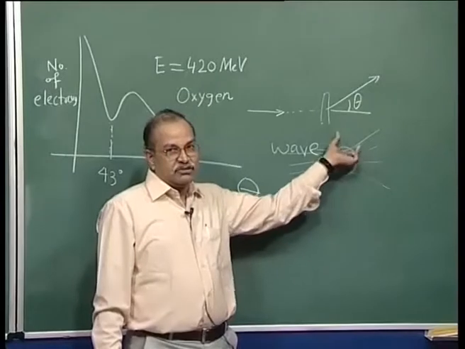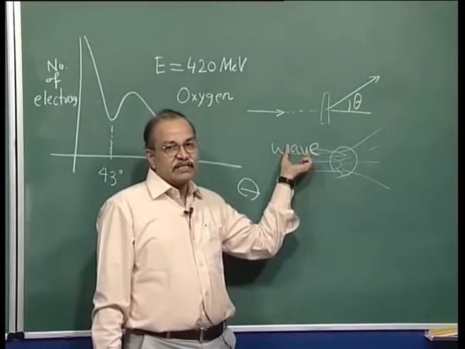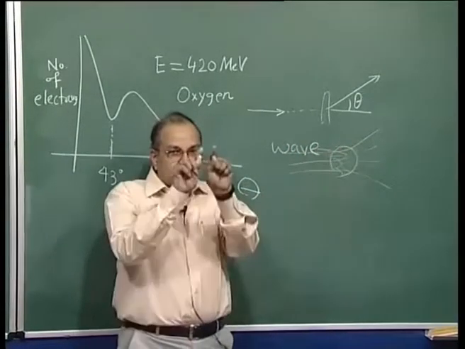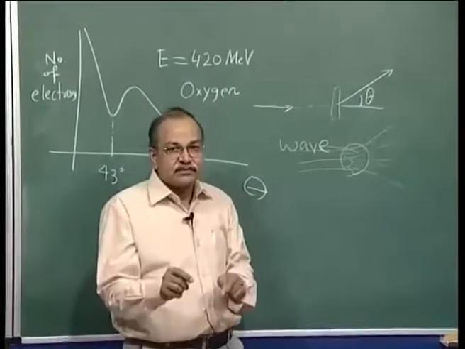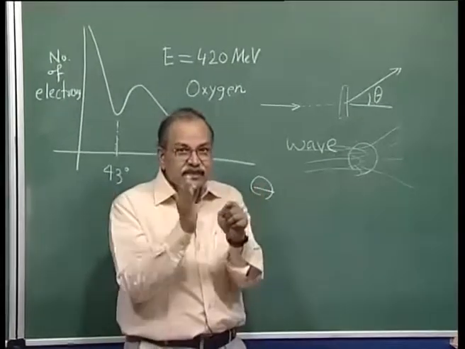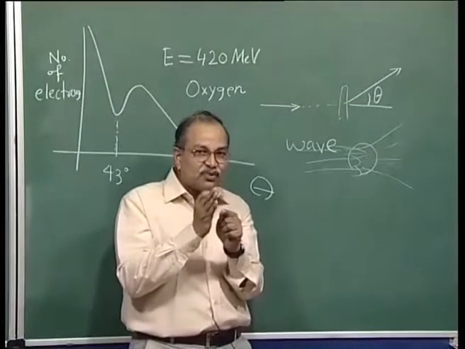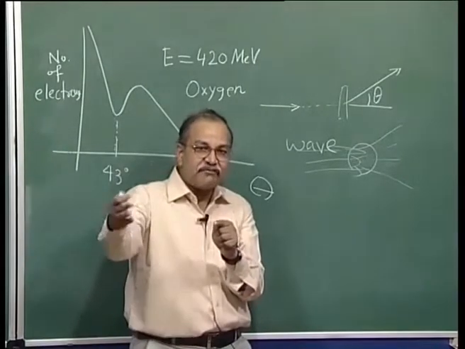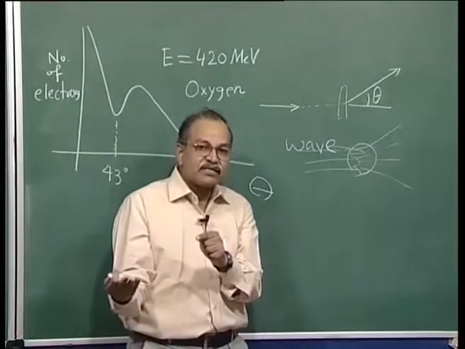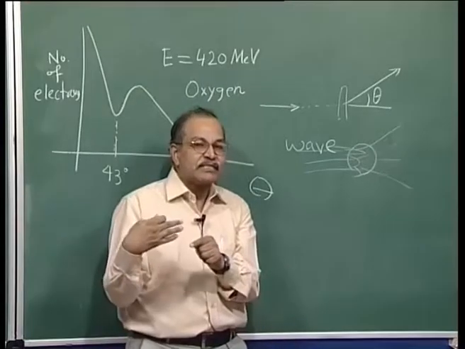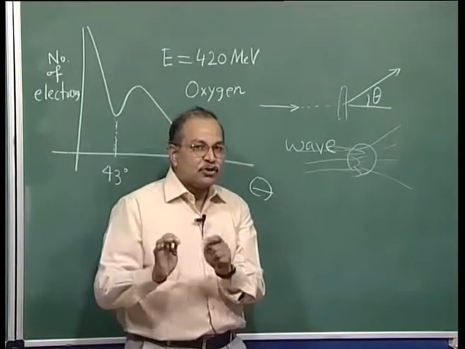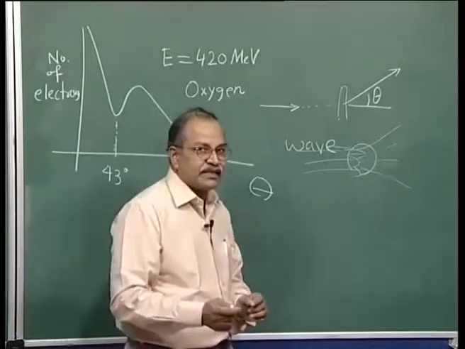As you know, if light waves go through an aperture, a slit, then they diffract. The waves coming from different portions of the slit interfere constructively at some places and destructively at others. So the interference is there.